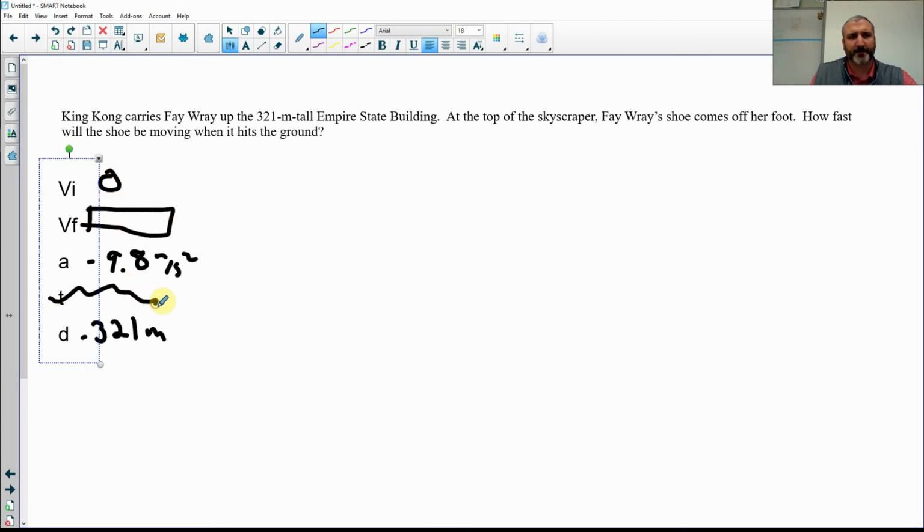So they don't give us a T, nor do they ask us for a T. So what we're going to do is use a different equation, one that's got a VI, a VF, an A, and a D. So for my money, I think that's going to be VF squared equals VI squared plus 2AD. So VF squared is what we don't know.